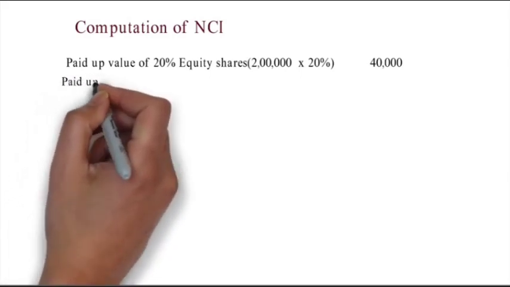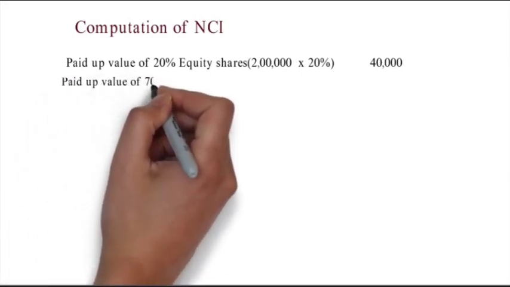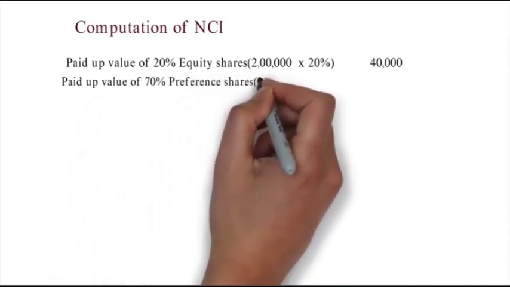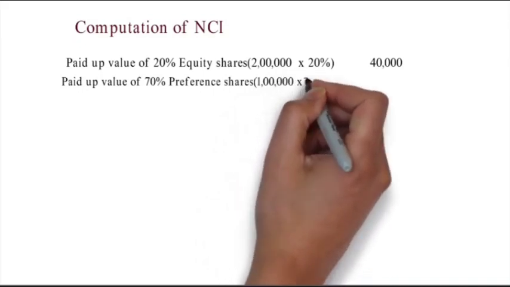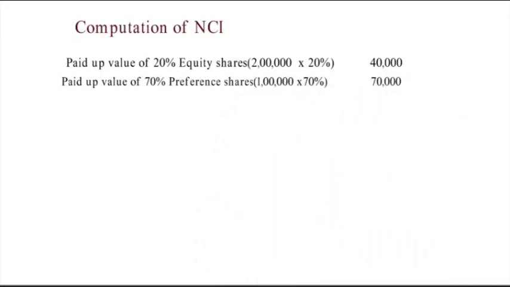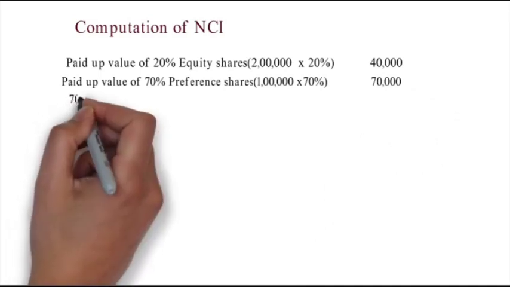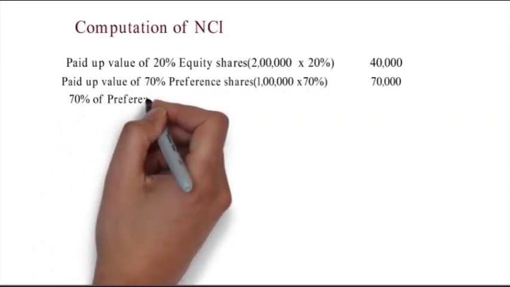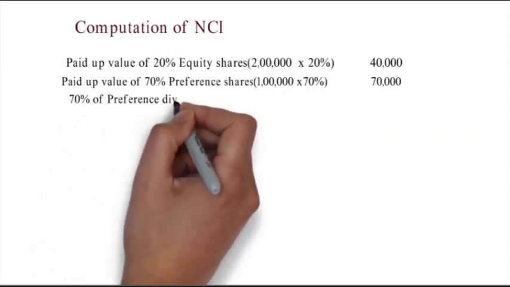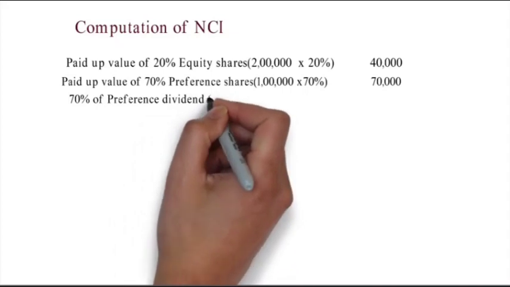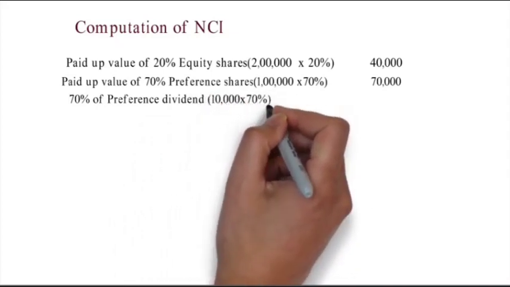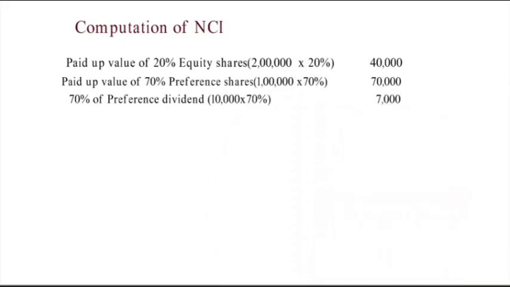Then 70% preference shares are held by outsiders in the subsidiary company. Paid up value of 70% preference shares, 1 lakh into 70%, that comes to 70,000. 70% preference shares are held by outsiders, so 70% of preference dividend is available to outsiders. 10,000 into 70%, amount comes to 7,000.